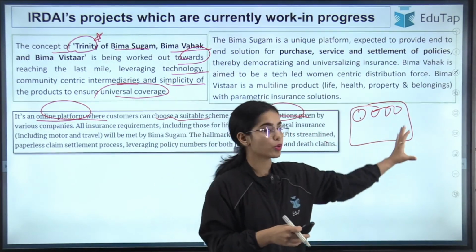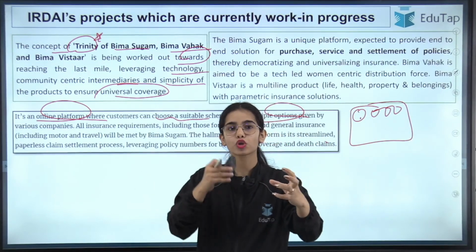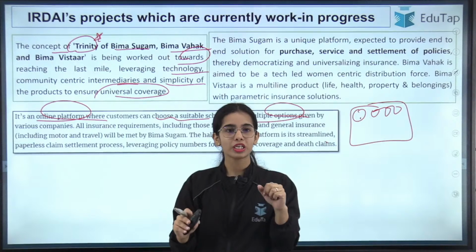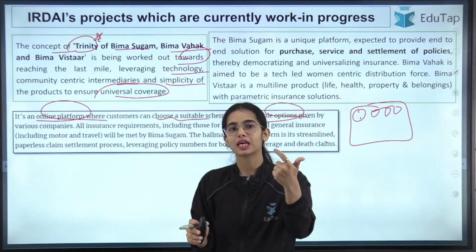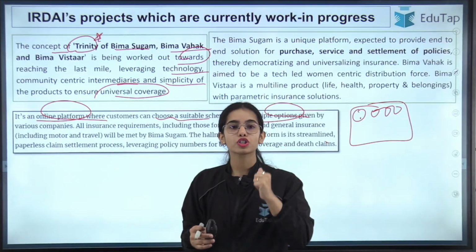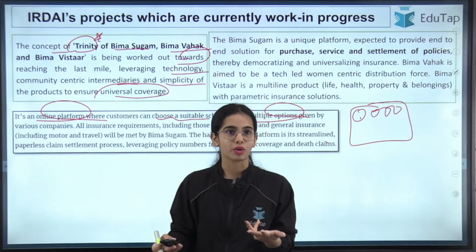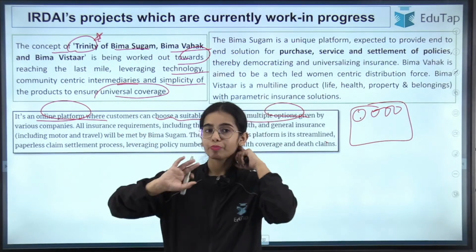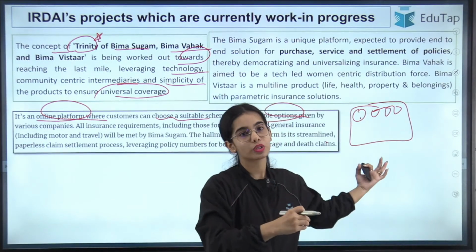This is one portal through which you can access health insurance, life insurance, motor insurance. If you consider your own parents, they want health insurance, they are taking life insurance for the protection of their family, they are taking motor insurance if they drive. They might be taking fire insurance also. So people taking multiple insurances can get them at one place through this Bima Sugam.